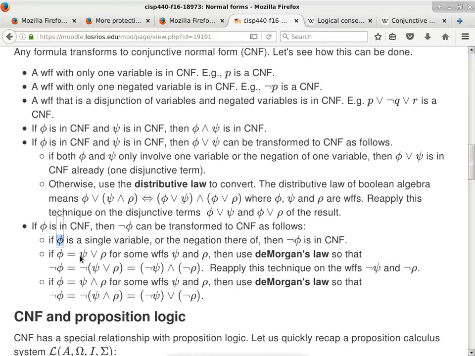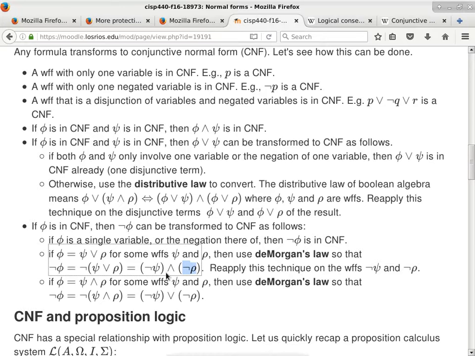If phi is a disjunction, if phi is broken up into psi or rho, then we can apply De Morgan's law. De Morgan's law basically says the negation of a disjunction becomes a conjunction of negations applied to the individual components. So now we have the overall form of a CNF.